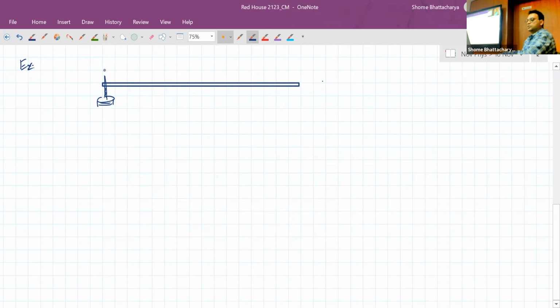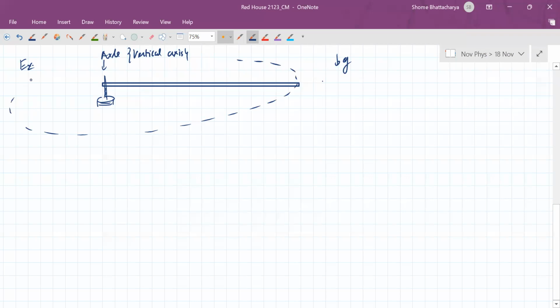So this is an axle which has a vertical axis. Gravity is going down like this. And that will cause this thing to rotate in the circular, horizontal plane.